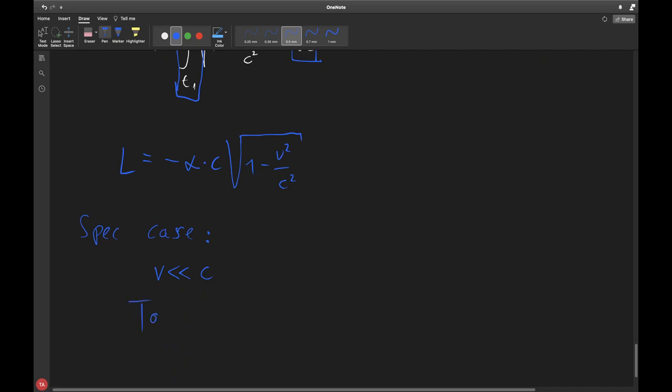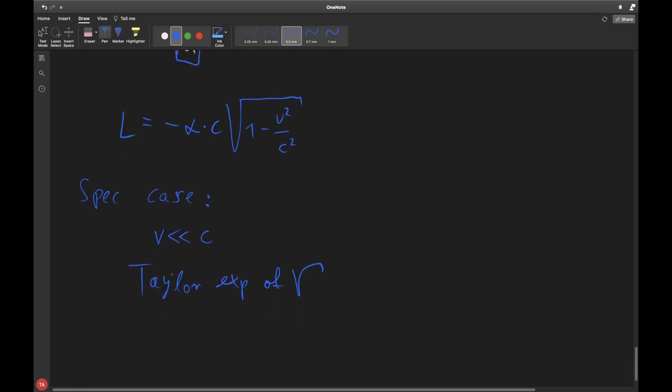So the Taylor expansion of the square root is what can help us. And then, since the v is going to be much slower than the speed of light, we can easily just neglect certain terms and get back the classical way. Okay.